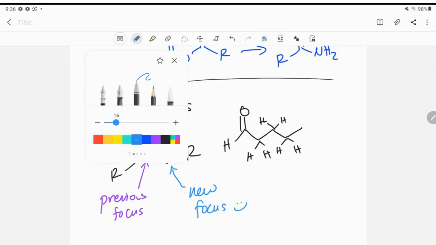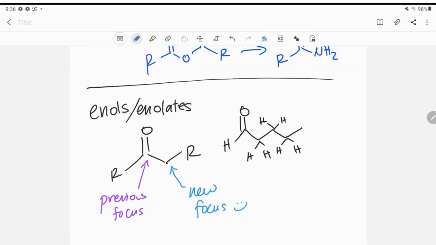All of these protons and their respective carbons have special names. We call this position the alpha carbon. It is the one directly adjacent to the carbonyl. If this was a ketone, we would have an alpha carbon on the other side as well. It's just an indication of how many carbons away it is from our carbonyl. This one would be a beta, and this would be a gamma carbon. So the farther we go out, we just increase the letters.